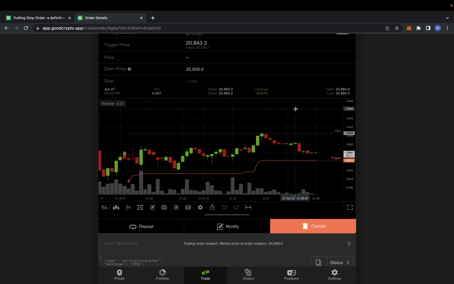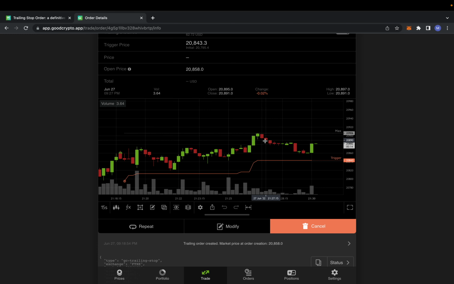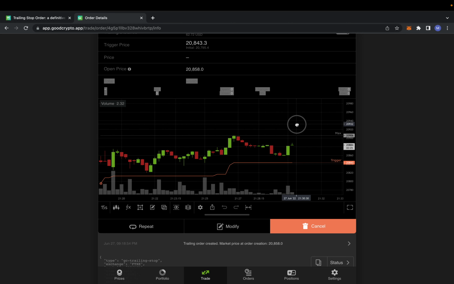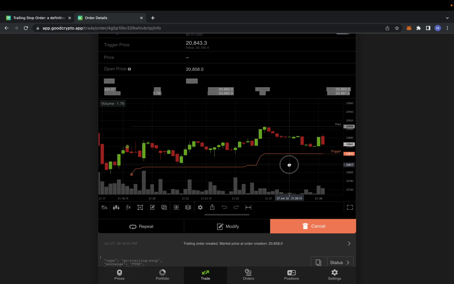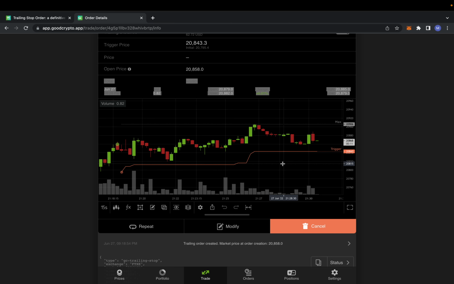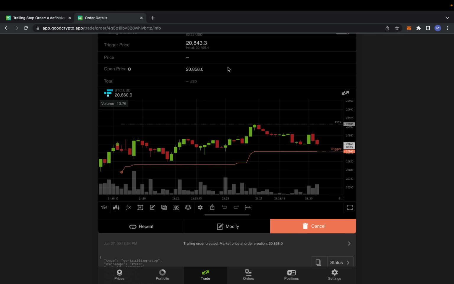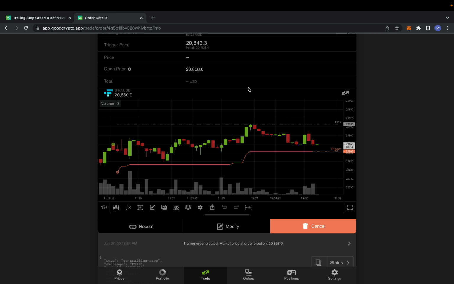So I'm trying to catch it, and we'll see. If the price continues to move up, of course there are fluctuations, so it goes down a bit, but as long as I've chosen a trailing distance that is higher than those small fluctuations, I will still catch the general trend up. So again, you can use trailing stop orders to exit your positions. If you have a long position, you bought something, you can send a trailing stop sell to exit it.